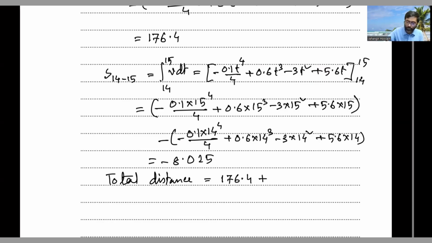So total distance is 176.4 plus this. Now, some of you might wonder why we took two separate intervals, found the distance traveled in each interval, then added these two. The reason is very simple.